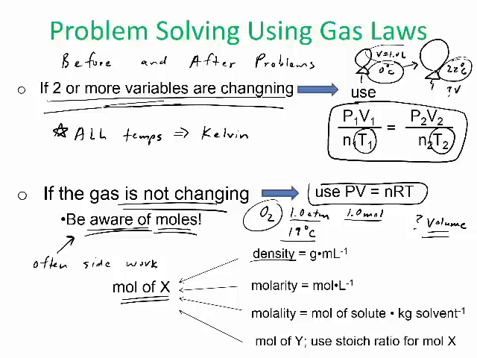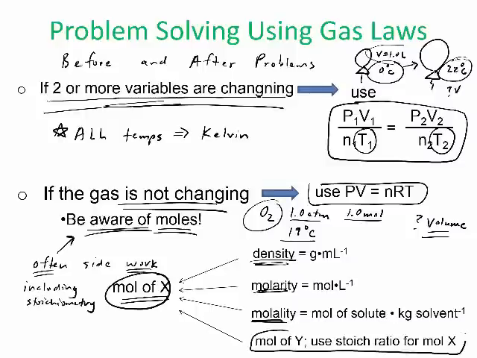If you have a solid and then it reacts and gases form, then there might be stoichiometry work to do before you obtain the moles here. So moles can be hidden as density. It could be in terms of molarity or molality, or it could be in the ratio if it's a chemical reaction.